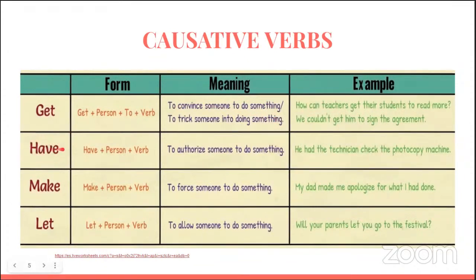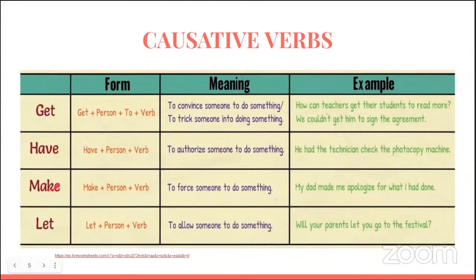Have. Again, have is always going to be followed by a person and a verb without the preposition. And the meaning is to authorize someone to do something. And here we have the example, please. He had the technician check the photocopy machine. Correct.